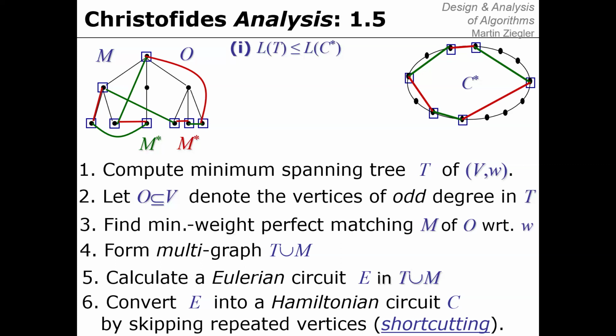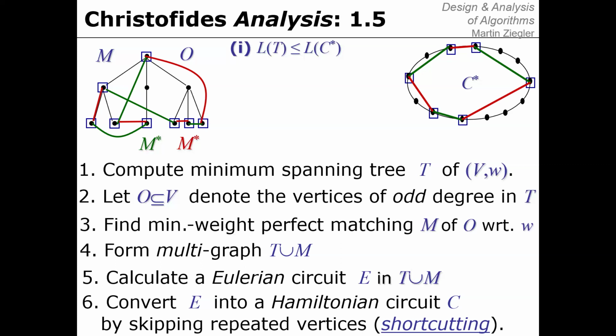And also the red one, denoted by red M star, which also comes from the unknown optimal tour. And what we can tell by the definition, step number 3, is that the blue one has weight less or equal than the green one, and also less or equal than the red one, and therefore it has weight less or equal than the minimum weight of the green M star and the red M star.